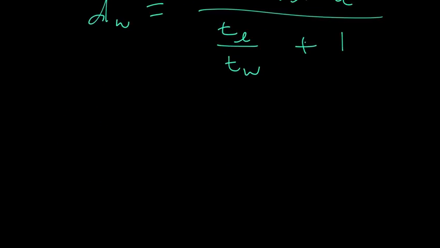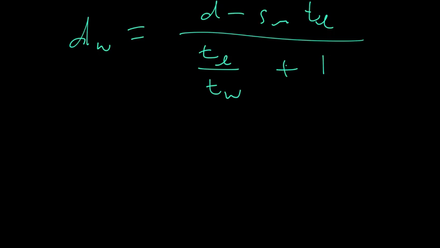So it's almost done now. What's our velocity, or the speed, on the winding road now? So the speed on the winding road is just going to be the distance on the winding road divided by the time spent on the winding road.